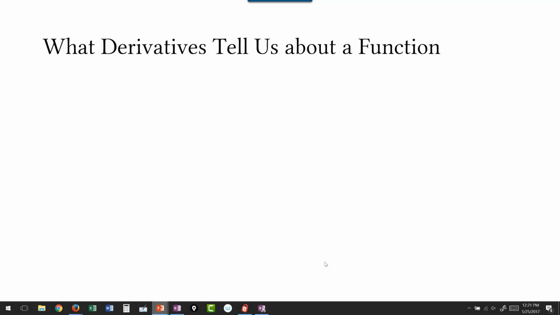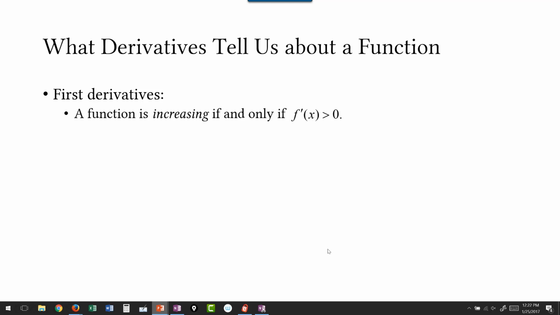So derivatives can give us information about a function. So the first derivative, for example, can tell us whether a function is increasing or decreasing. Positive first derivative means increasing function. Negative first derivative means decreasing function.